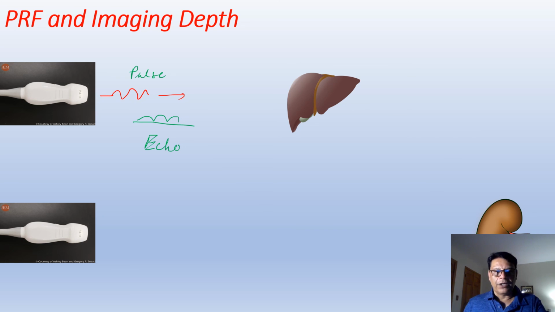And here is another transducer that also produces a pulse, and this pulse goes to the kidney, and it will not produce the second pulse until and unless it receives its echo.